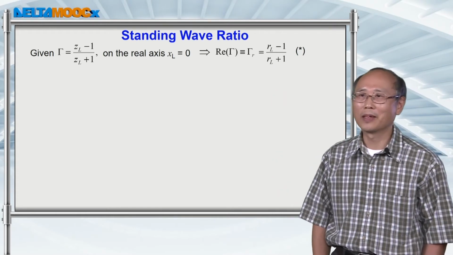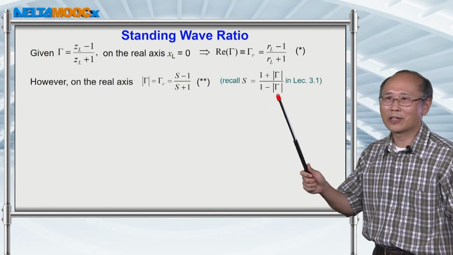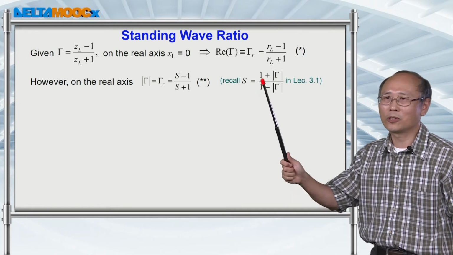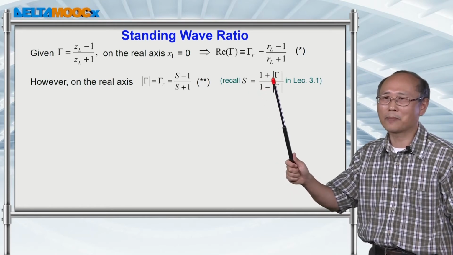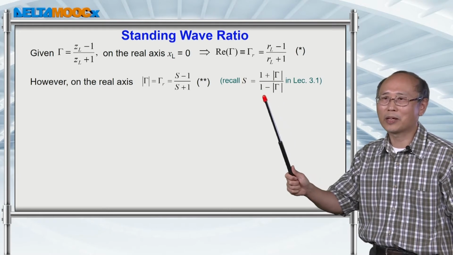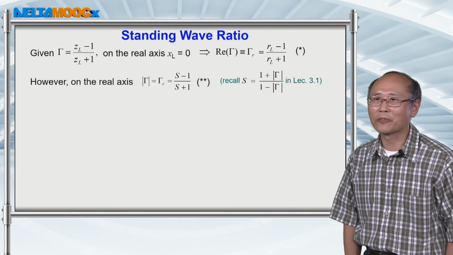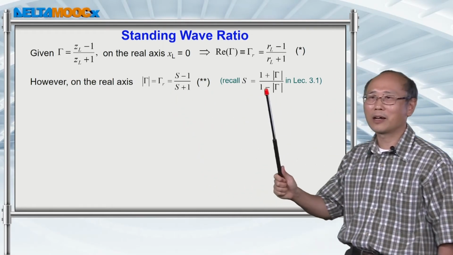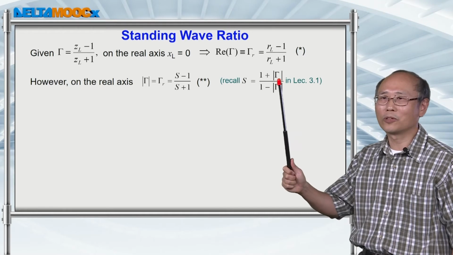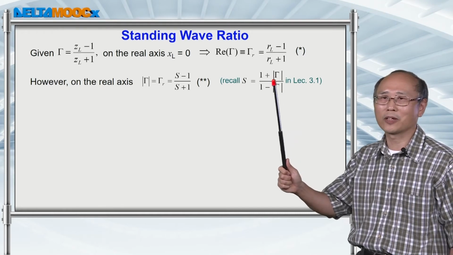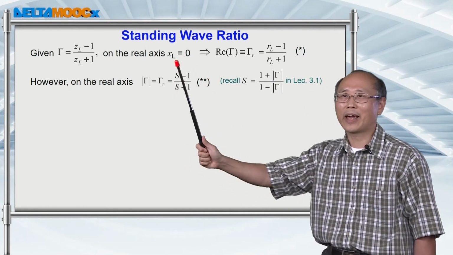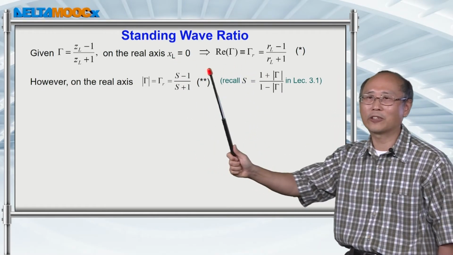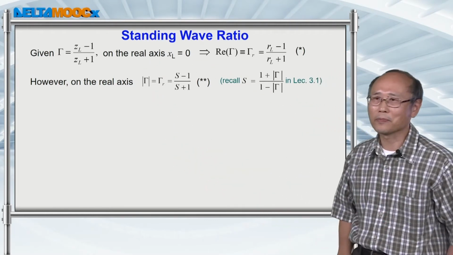So on the real axis, the value of gamma is decided by the resistive part of the load impedance. And previously, we also have this expression for the standing wave ratio. This is equal to 1 plus the absolute value of gamma, divided by 1 minus the absolute value of gamma. And you can reorganize this into this. Assume that you only look into the real part of gamma, because on the real axis, when X_L equals 0, you only have the real part of gamma. So let's pay attention to the real axis only.